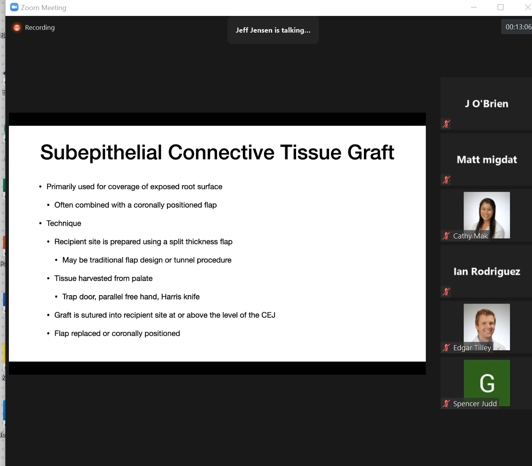Then I use a little instrument that looks like a little blade on a handle, almost like a spatula, but sharp on the end. I press it through the sulcus and sweep it all the way through, and you'll see it come out the sulcus on this tooth. So we undermine this papilla.